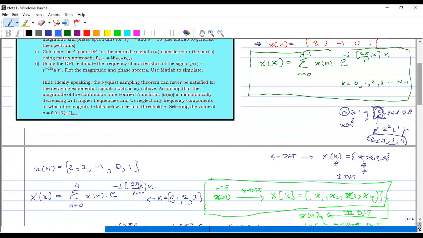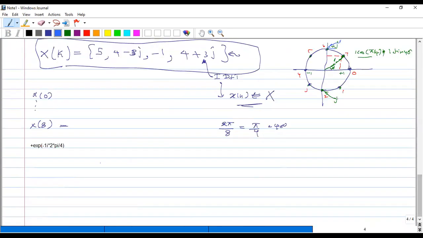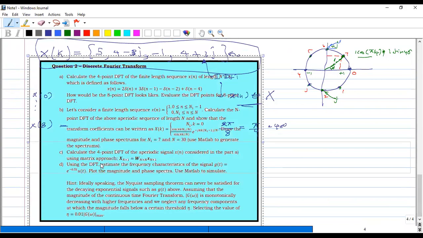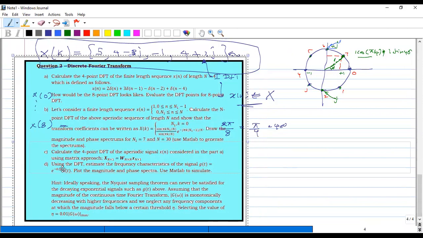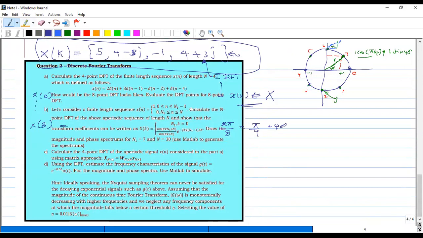I think the first part is okay, we have done it, so we will move to the second part. We have done this one, we have calculated the 4-point DFT. Again, you have to calculate the 8-point DFT also.